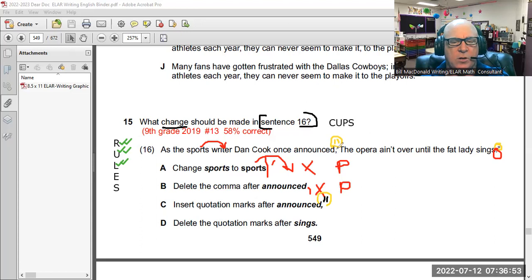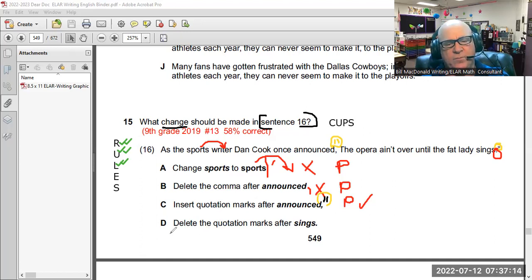Comma, quotation. So that is a punctuation error, and it is the one that we were looking for. So we will say yes. That is the punctuation mistake that I was looking for.